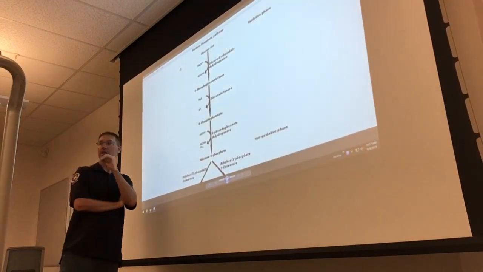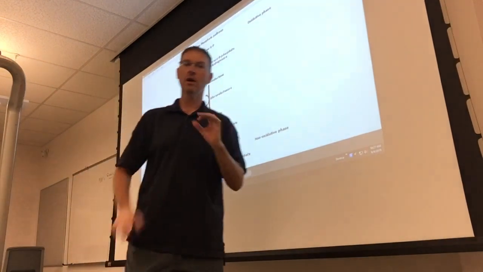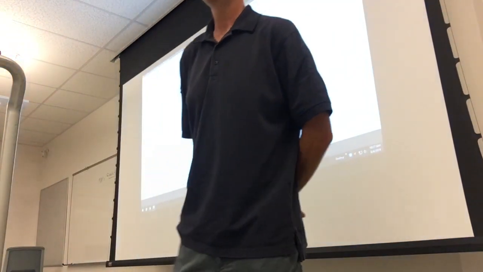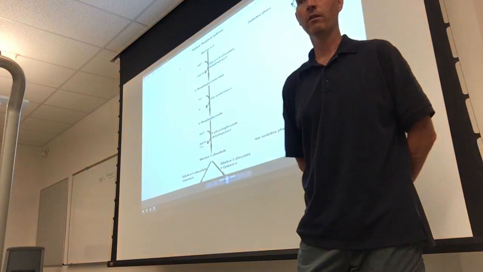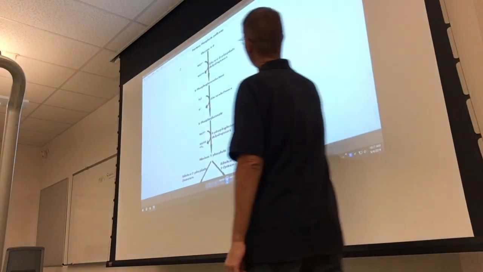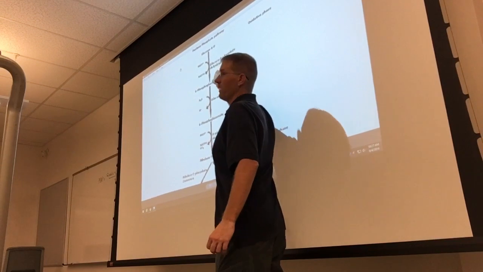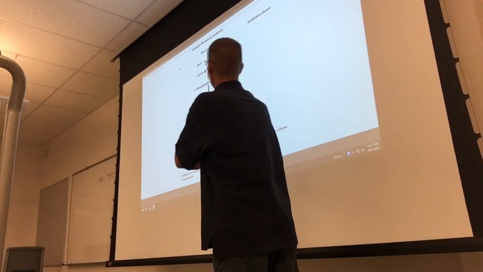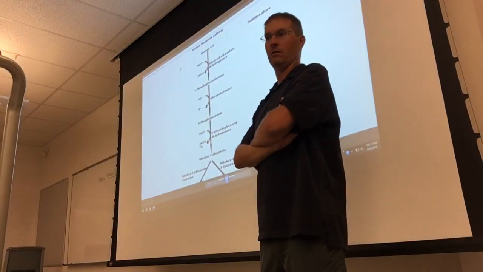Now there's another pathophysiological concept that I want to bring into this. And this is a reasonably common problem that we run into. It involves this enzyme right here. You guys see this enzyme? This enzyme is glucose 6-phosphate dehydrogenase.